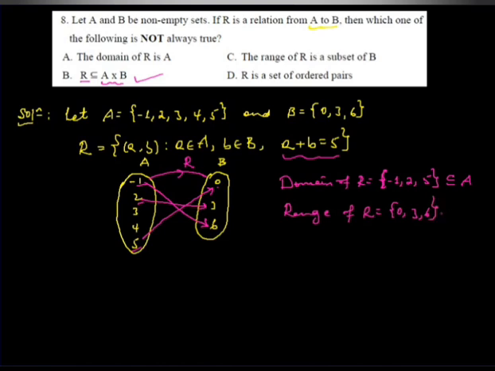It is exactly B. Every set is a subset of itself. Therefore, the range of R is a subset of B. It is always true. Again, R is the set of ordered pairs. Yes, this is also true. So the only false condition, the statement which is not always true, is the choice in A.